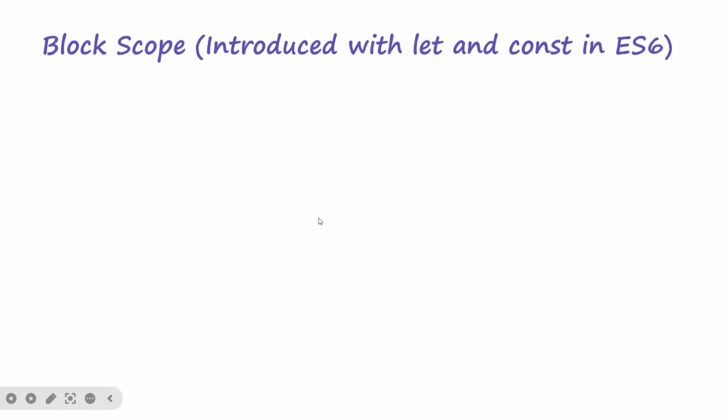Now we also have the block scope, which was introduced in ES6. Whenever you use the let and const keywords to create variables, you're creating a block scope. That is why we couldn't find those variables we created with let in the global window object, because they are not global scoped.